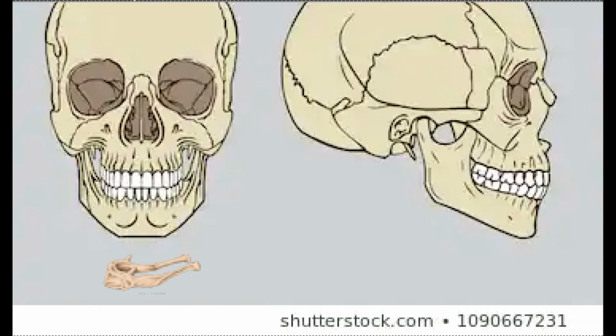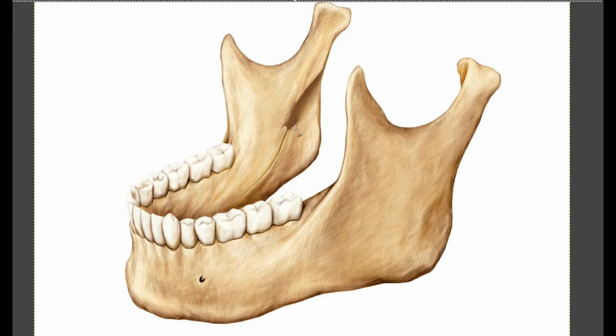So there's a few landmarks of the mandible that we want to look at. First, we have the condyle of the mandible. The condyle of the mandible is this big projection right here, and that's what's actually going to make the articulation for the joint. Now, we then have a word that means projection or an extension of, so we have what's called the ramus.